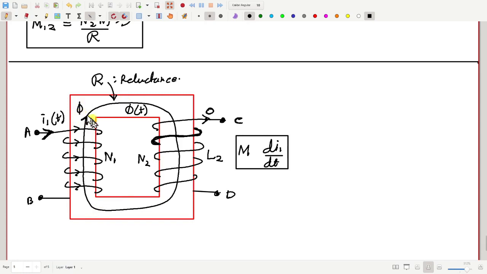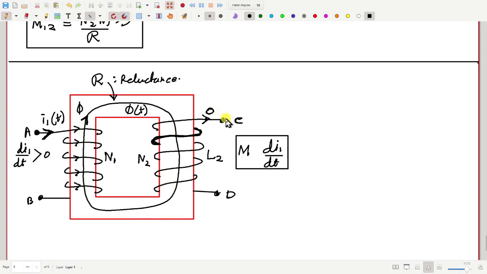This is phi. Now suppose di1 by dt is positive. That means this flux is increasing in the clockwise direction.